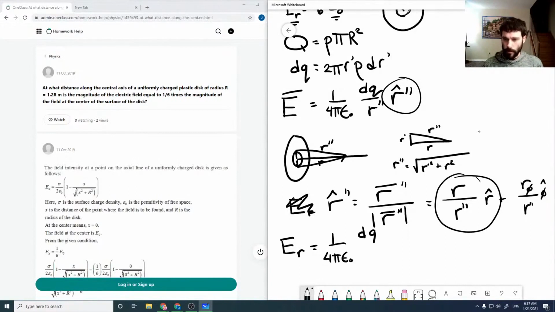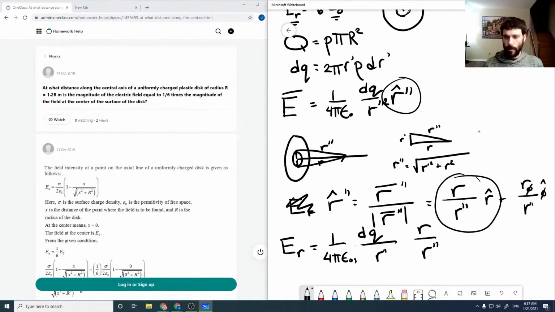So putting this all together, sorry, I missed a square there. And so this would be r prime squared plus r squared, and then multiplied by an r over r double prime, which I should have just kept in there in retrospect.